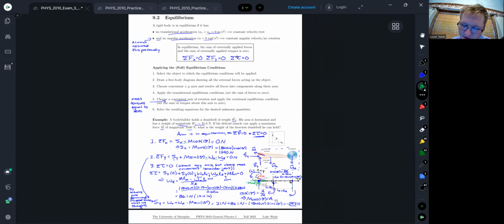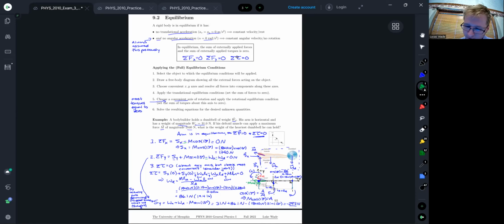There should be no translational acceleration, which is what we saw in chapter 4, but also no angular acceleration. It should not be rotating any faster or slower. It should stay rotating at the same rate, or if it's not rotating, it's at rest. At least it's just not rotating.